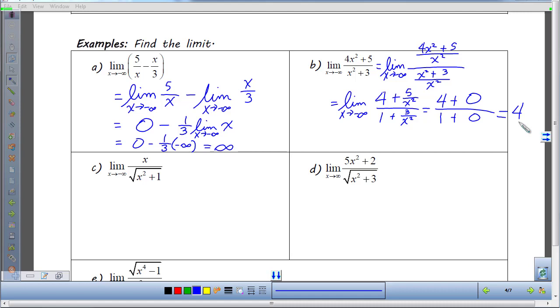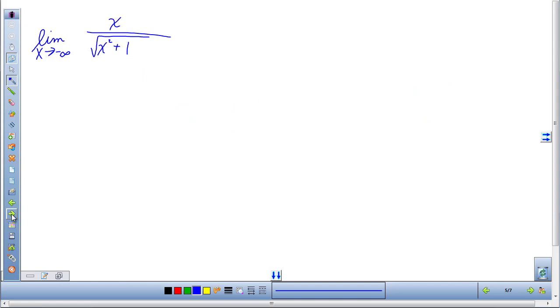All right, for C, I think we'll need a little more space. We're interested in the limit as x approaches negative infinity of x over the square root of x squared plus 1. Again, what we want to do is consider what the highest power is in the numerator and denominator altogether.